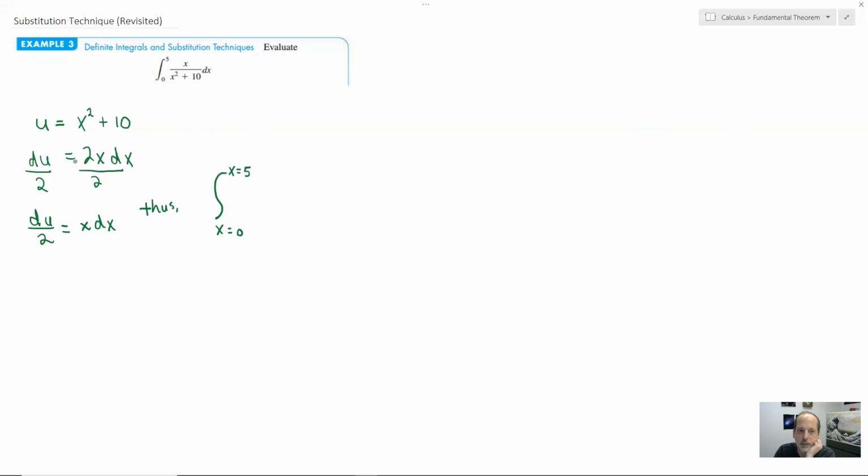Okay, so u is this part, so that's 1 over u, just based on what we chose to be substituting, and then x dx, we can now use du over 2. Okay, so what I want to do now is use the fact that u is equal to x squared plus 10.